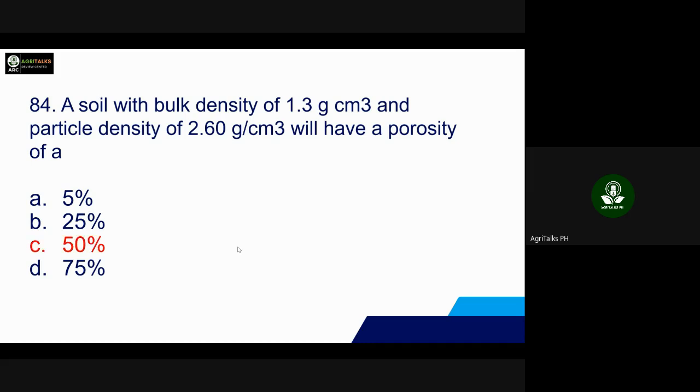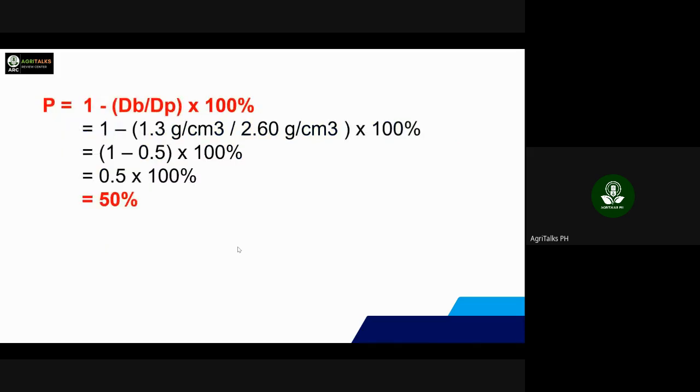So paano po natin nakuha yung 50%? So ito po yung calculation. Remember this formula. Porosity is equal to 1 minus dB over dP times 100%. Ang 1 ay nag-represent ng kabuuang soil. Alam po natin, ang soil is composed of solid and space.